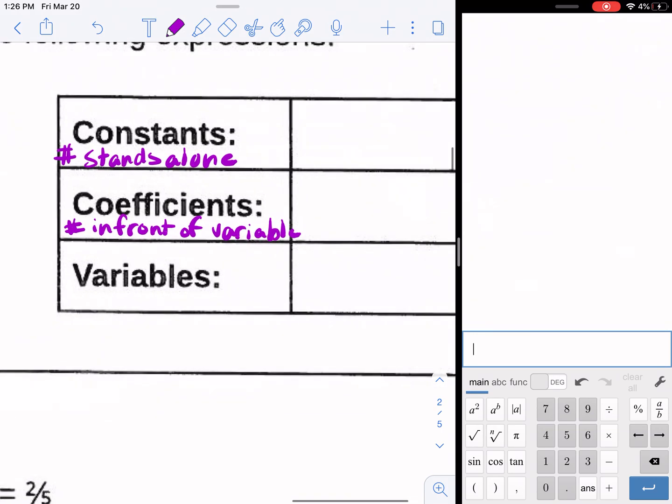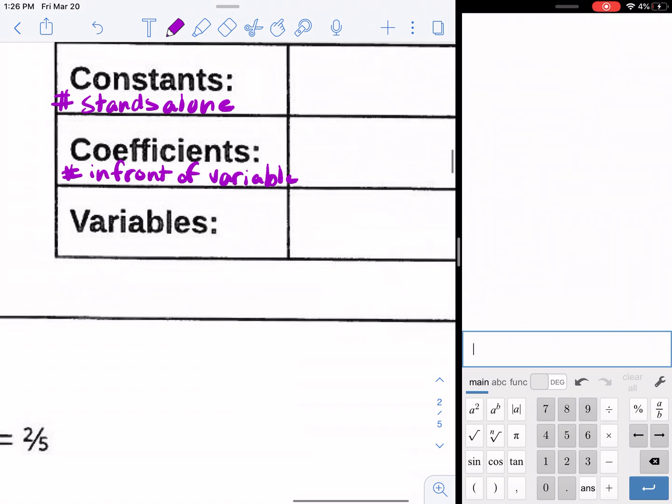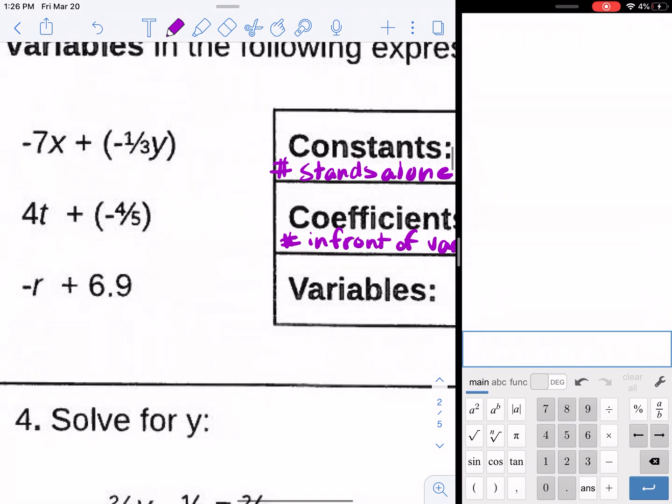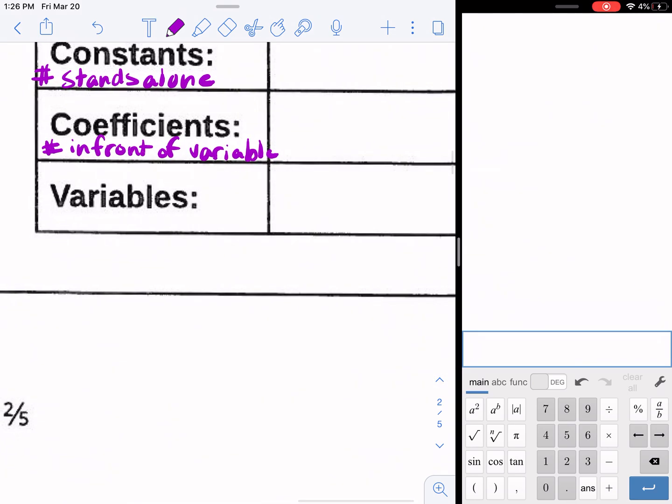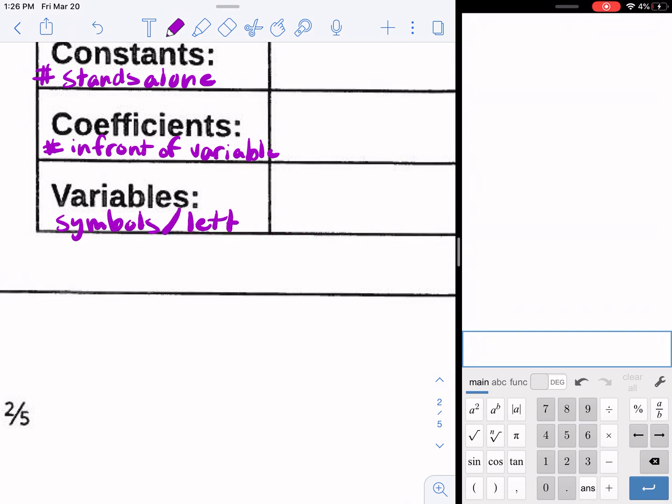And then a variable is a letter or symbol that represents some unknown value. In most cases, only letters. So we're just looking for symbols or letters because they represent an unknown value.